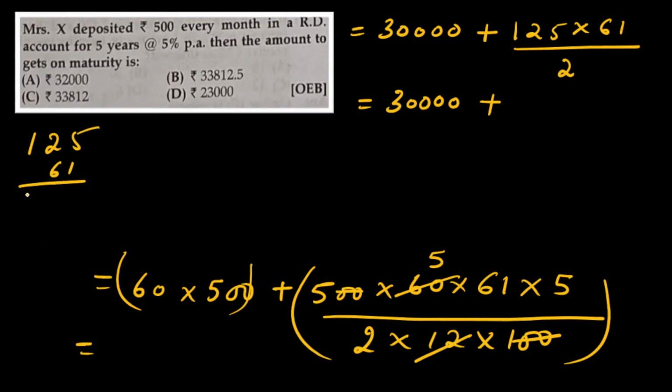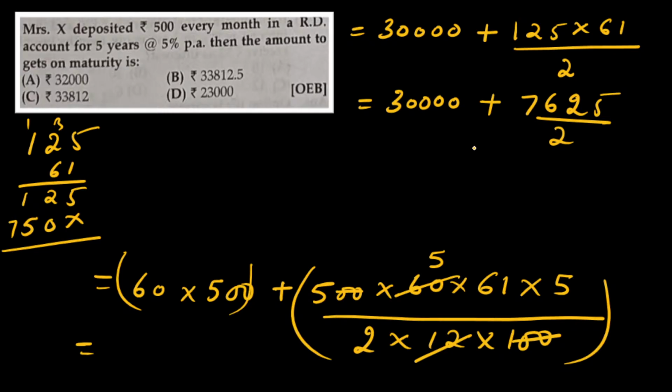Multiply it and tell me. 7,625 divided by 2, because here it's easy if we do it by division first.